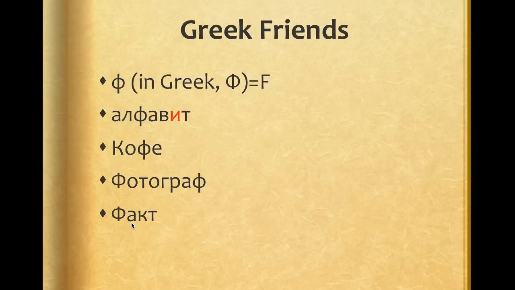Fakt. And you'll notice all of these words are borrowed because, as I told you, if it's got an F in it, most likely it comes from other origins other than Slavic origins. Okay? And this is a city in Russia. Ufa. Ufa. Good. So this is sort of towards the east a little bit, and it's a big oil town.